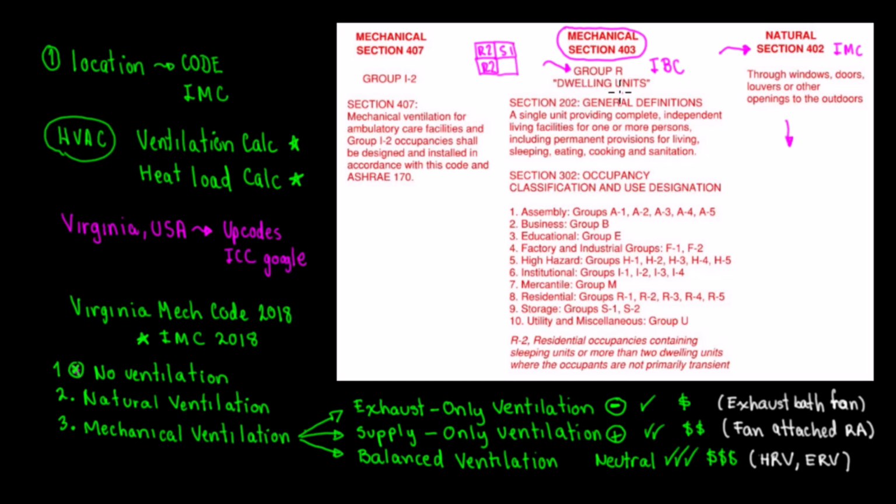So what is a dwelling unit? A dwelling unit is classified in section 202, general definitions, which is based on the IBC. Let's put in here IBC 302. In the International Building Code 302, you have occupancy classification and use designation.